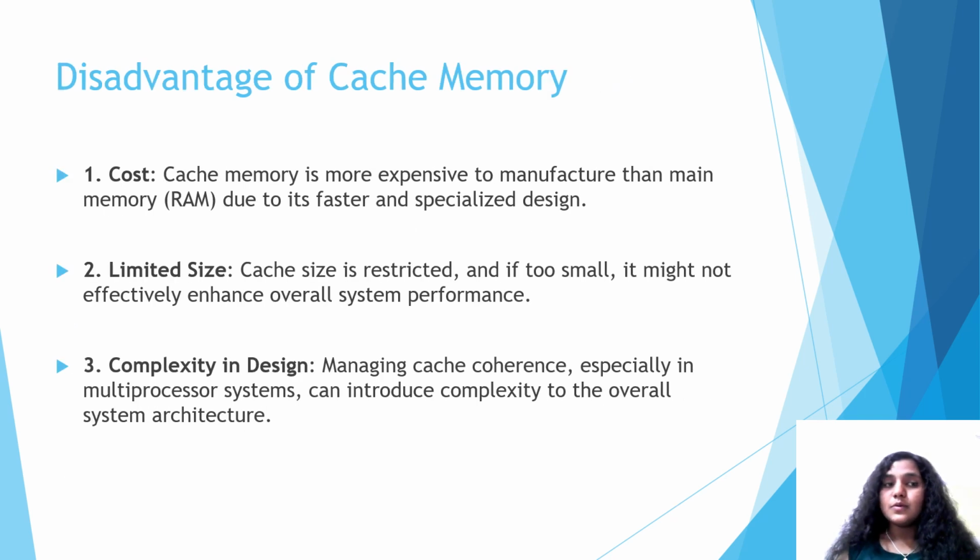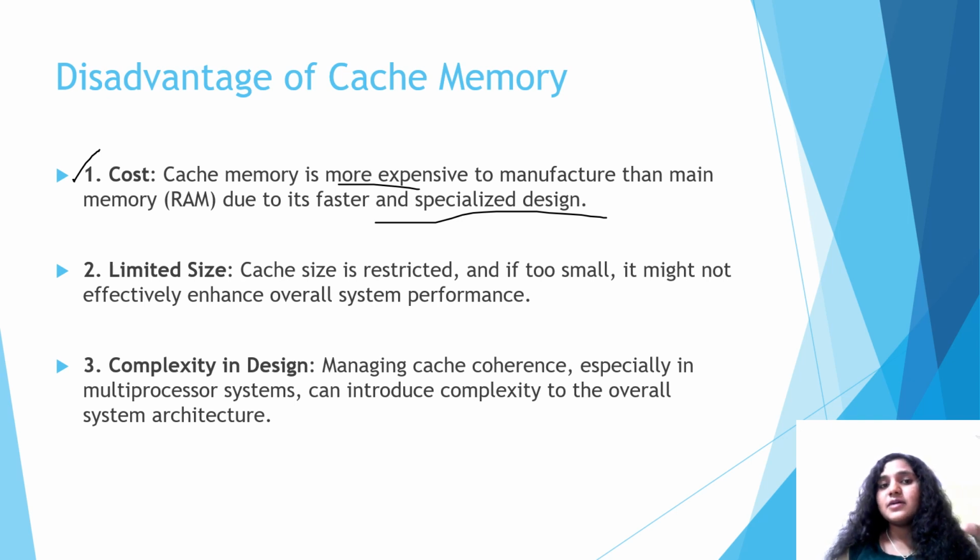Now we all know what the advantages of cache memory are. Let us also look at the disadvantages of cache memory. The first disadvantage is cost. The cache memory is more expensive compared to the main memory because of its specialized design. It is very small and even faster, so it has a specialized design.